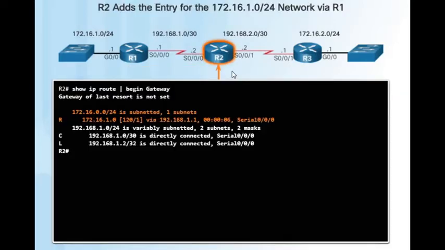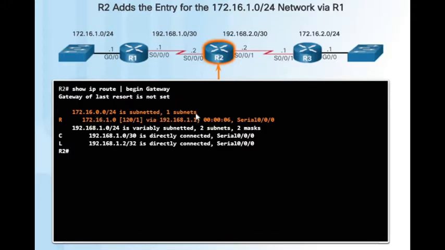Now, when router 2 receives that routing information update, it adds this particular entry. The first entry, as you can see, we have two entries. The first line right here displays the classful network address, like with the distance vector a while ago.